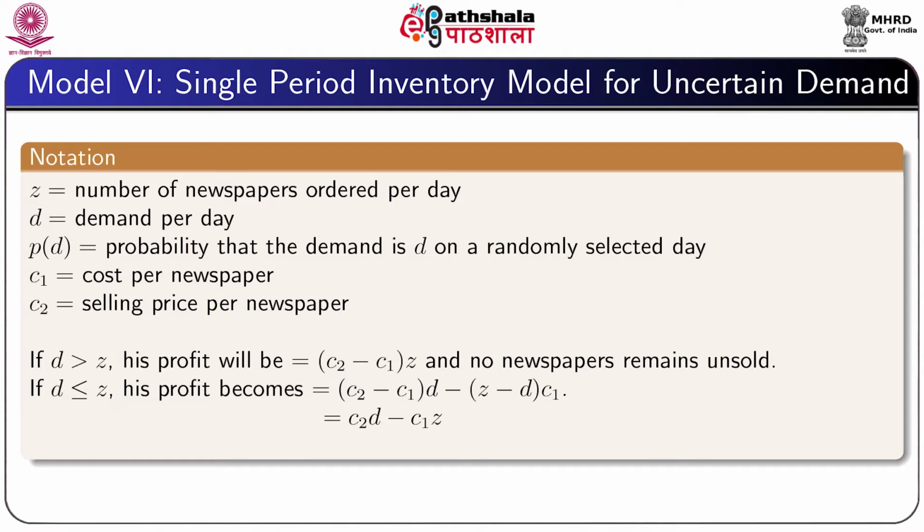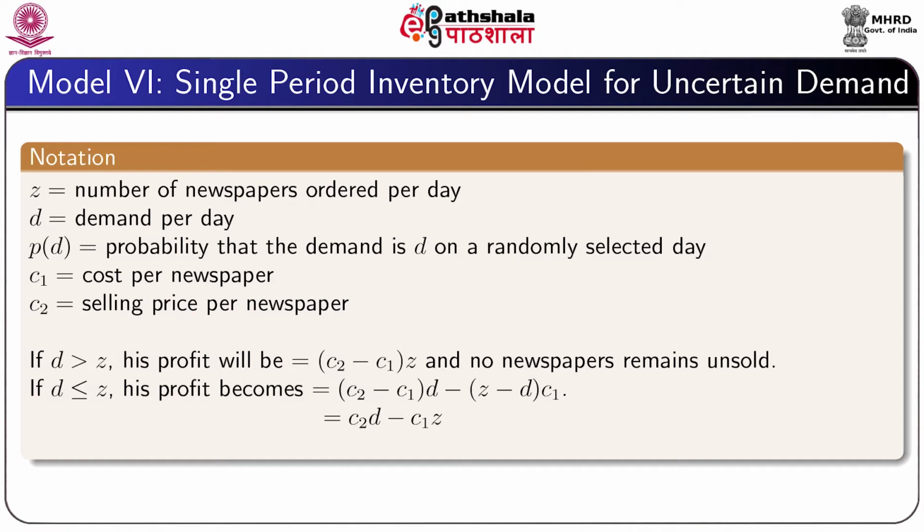Now, if the demand is greater than the purchase quantity, that is Z, his profit will be (C2 minus C1) into Z, and no newspaper remains unsold. He completely sells the Z quantity of newspapers.